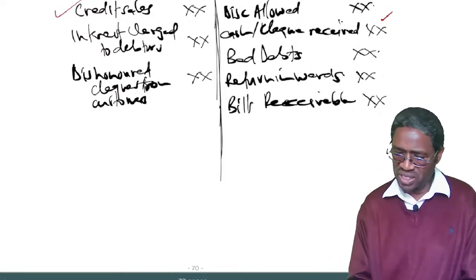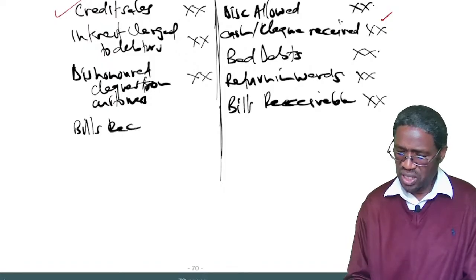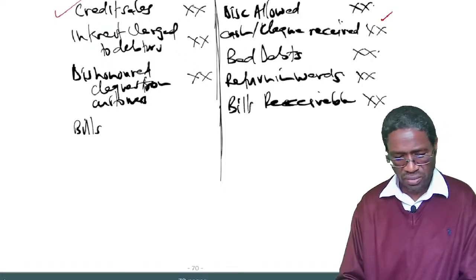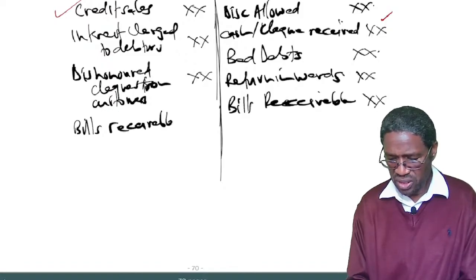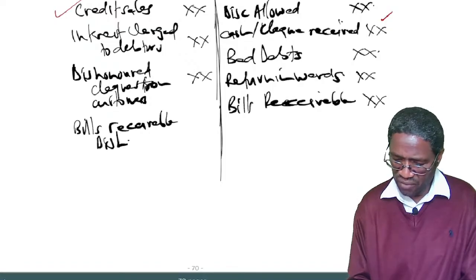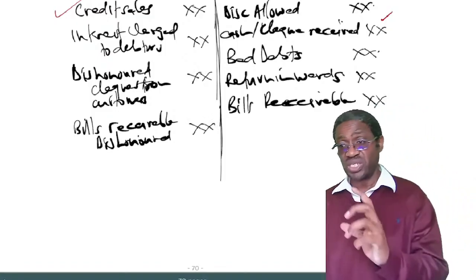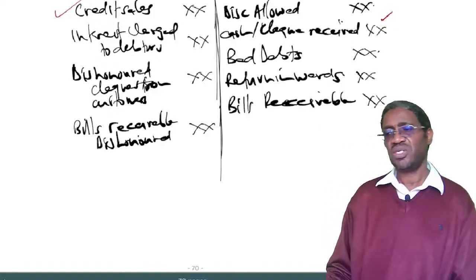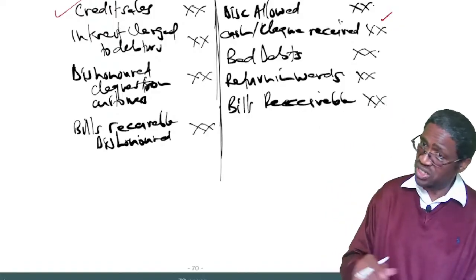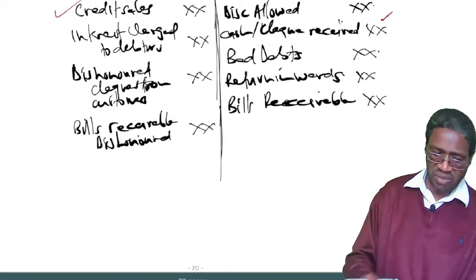How? By debiting now. So any bills receivable which are dishonored, you have to debit the account. Why? Because you credited debtors when you received it. Okay? I hope you have understood that concept. So now that it has become dishonored, it can't be honored, you cancel the credit you made by debiting. Good.